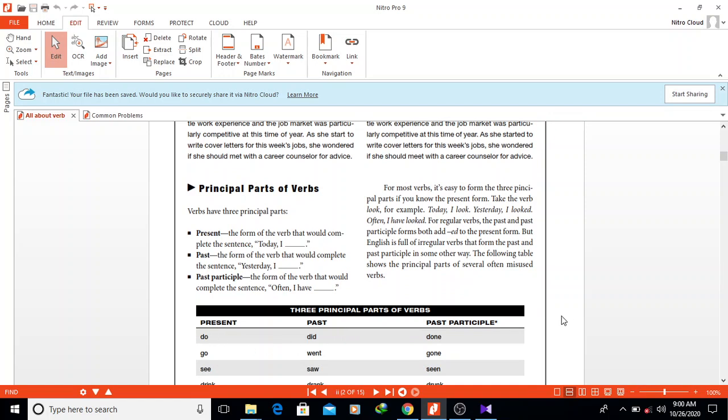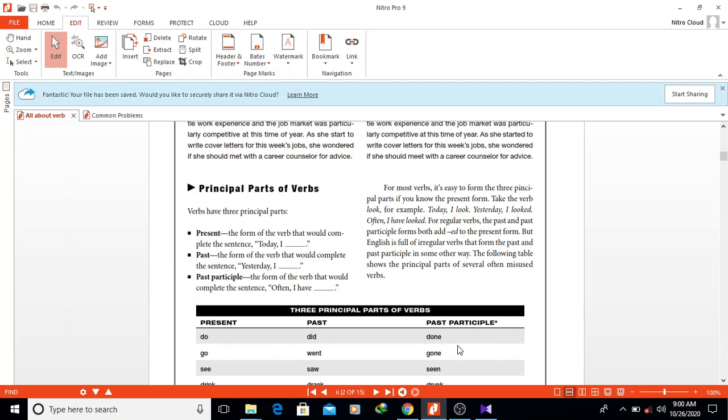You can see here the example of how the form of the verbs changes. If you make use of a verb for the first one, then you have to use do. If it's for the second one, then it has to be the verb did. If it's the third one, then you have to change it to the verb three.